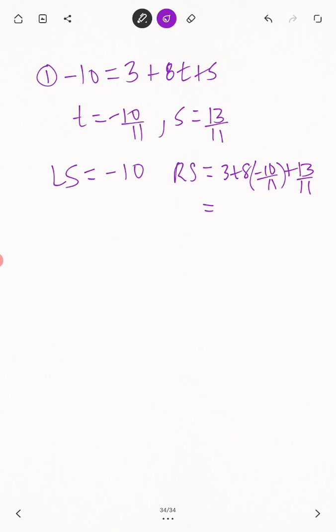So I'm going to give this 3 a common denominator of 11. So 33 over 11 minus 80 over 11 plus 13 over 11. And unless we get negative 110 over 11, that's not going to work. So plus 13, I got negative 34 over 11, which is definitely not equal to negative 10.